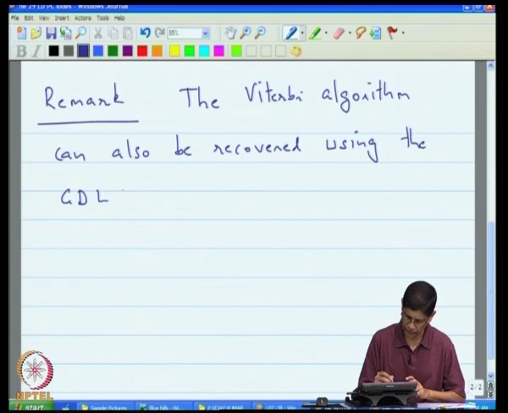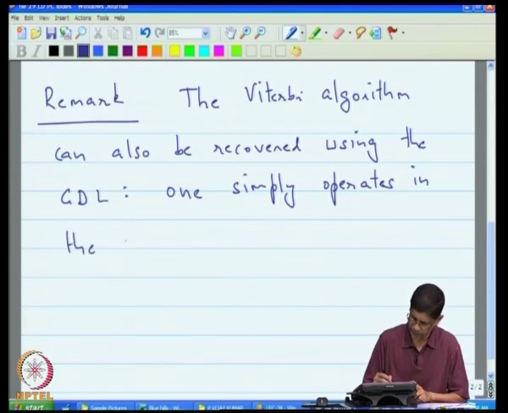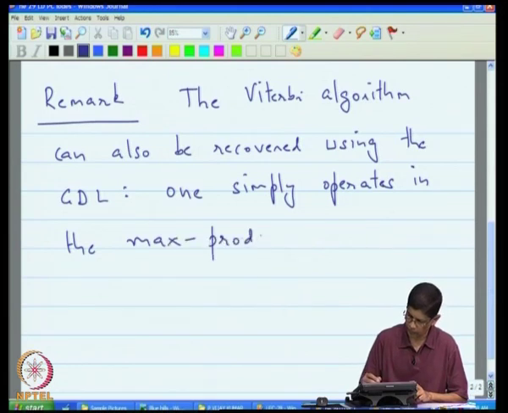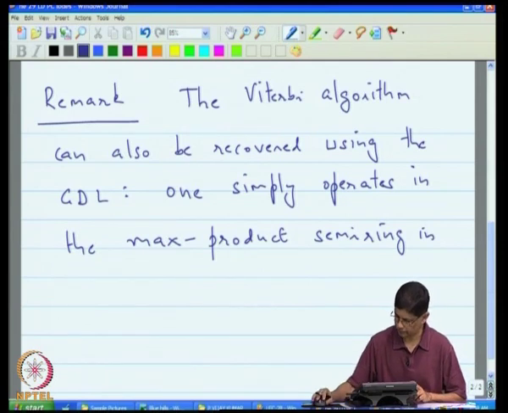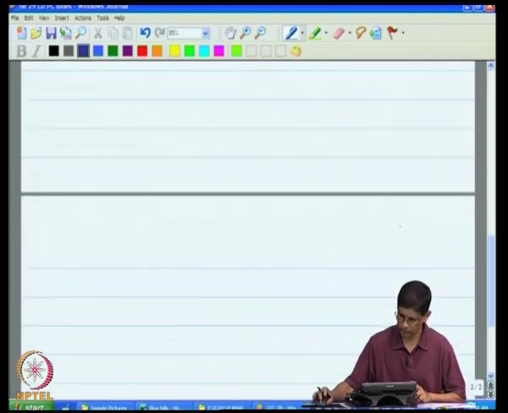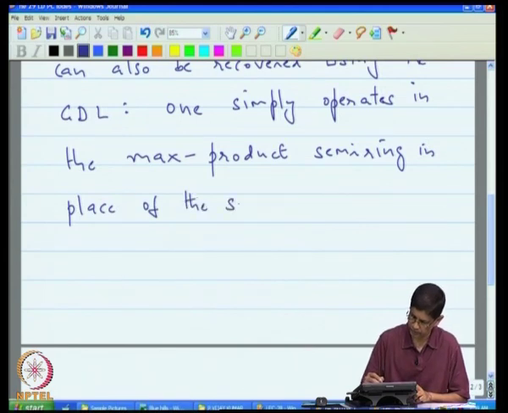One simply operates in the max product semi-ring in place of the sum product.